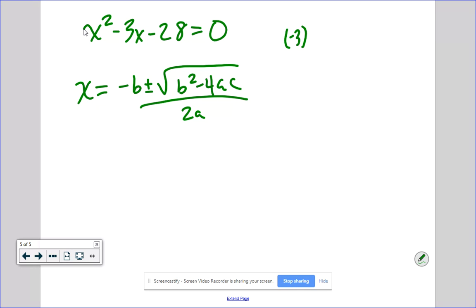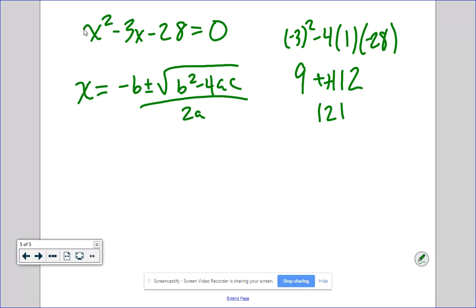So negative 3 squared minus 4 times 1 times negative 28. 9 minus negative 112. Minus a negative becomes plus a positive. So I get 121. So my discriminant is 121. There's my first answer.